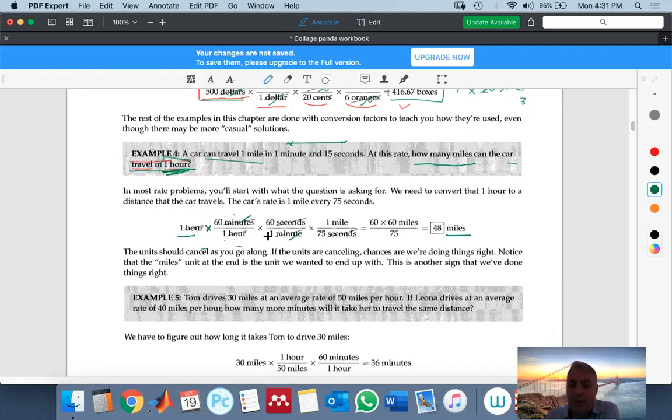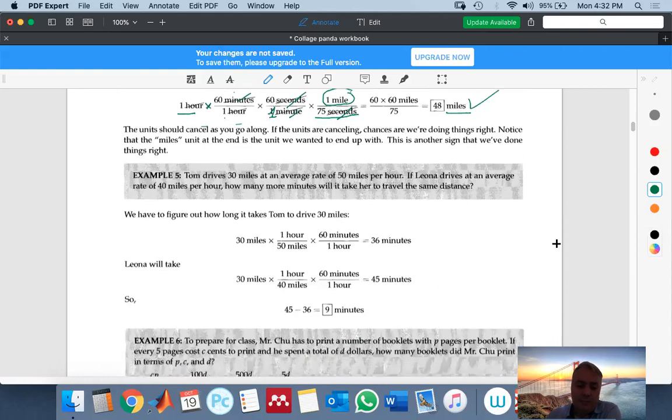But how? In 1 minute, I know that there are 60 seconds. And this second and second I will cancel out. How? In my question, it says that the car gets 1 mile in 1 minute 15 seconds, which means 60 plus 15, which is 75 seconds. So I write here, in 75 seconds, I got 1 mile. And then when we do cross product, we will get the result.